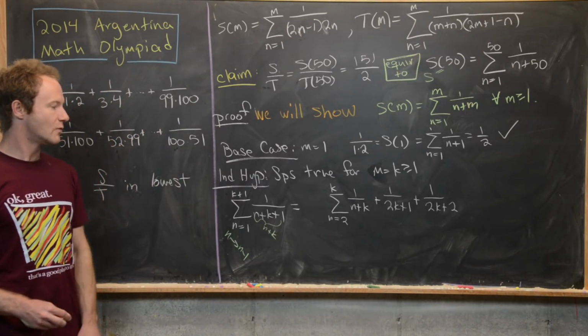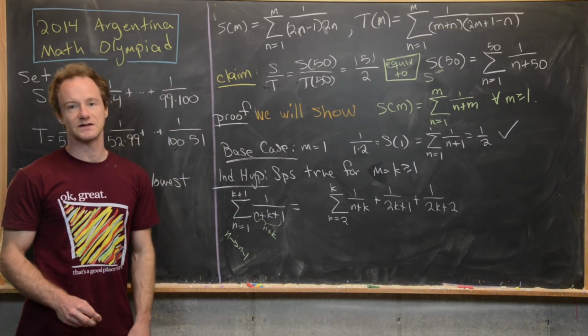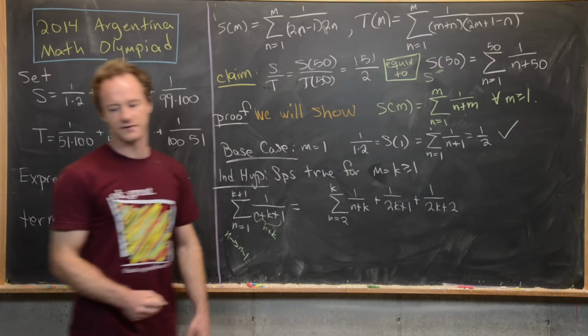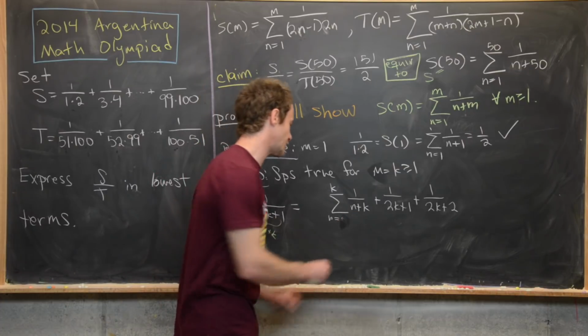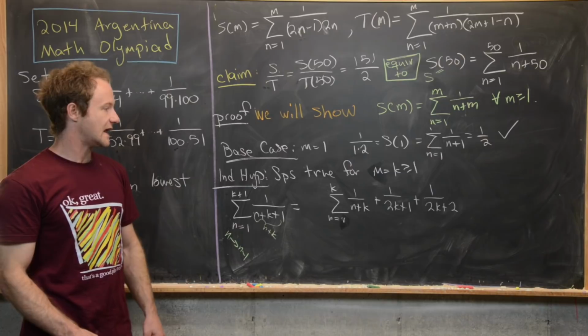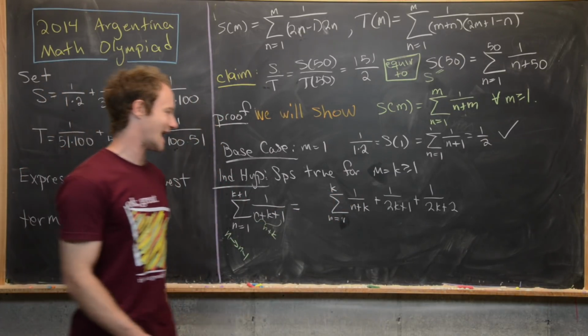Great. And then one more thing that I want to do is make this start at 1 instead of at 2, because if it starts at 1, then it looks exactly like the right-hand side of this, but we know something about the right-hand side of that. So I'll go ahead and change this to a 1. But I can only change that to a 1 if I subtract off this first term that I really just added on.